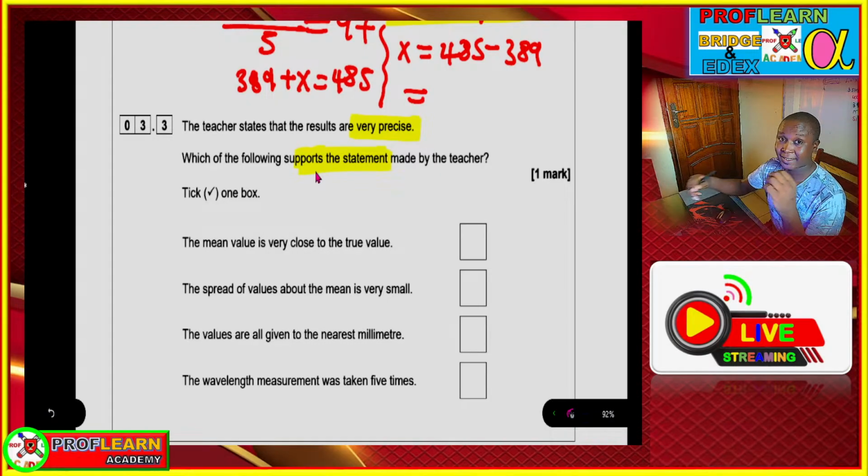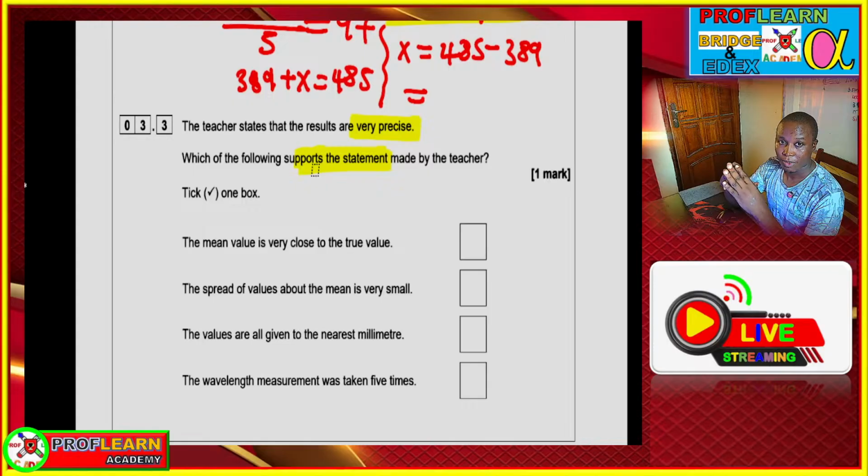Precise means the values are very close to each other and not far from each other, which means they are very close to the mean.